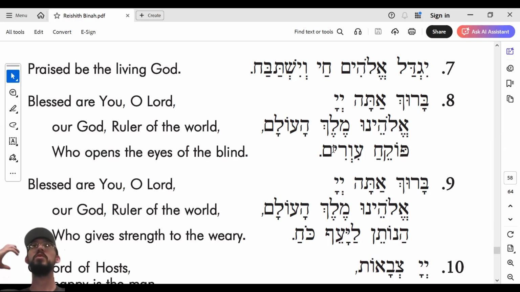But you assume, because the verb pokeach can only mean that its subject is the eyes. So it is a good translation, but the word eyes does not appear. You just have to supply it.